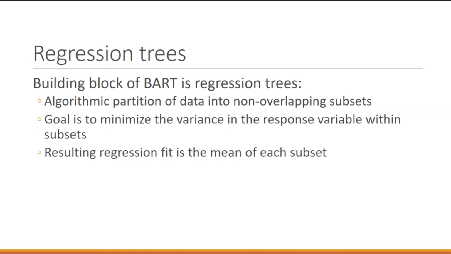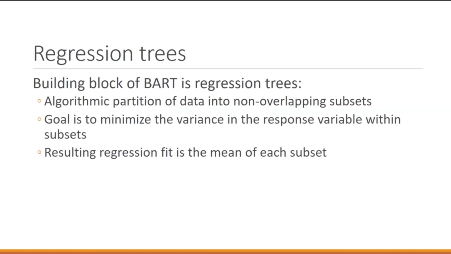So we're trying to find clusters, in a sense, of observations that have similar values of the response that are somehow defined by values of predictors that we are including in the model. And so then the resulting regression fit is just the mean of each subset.